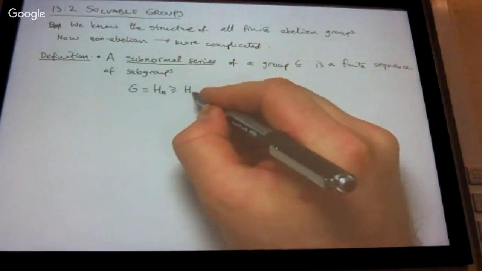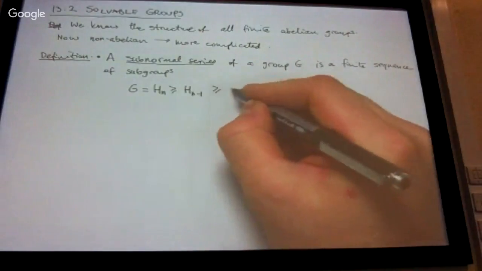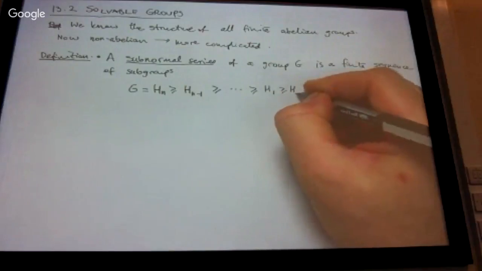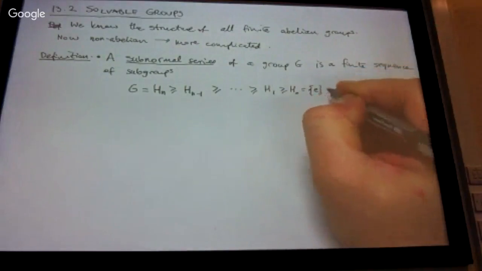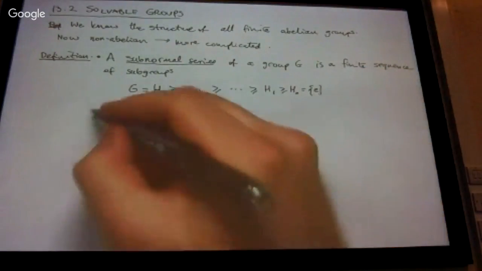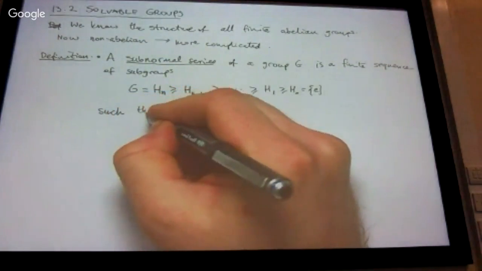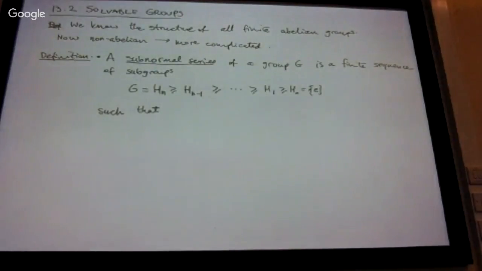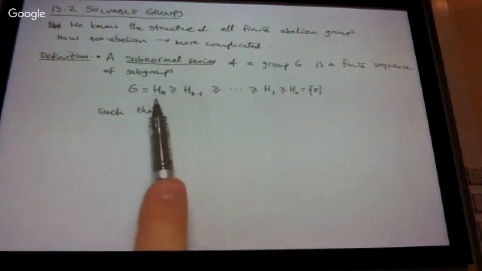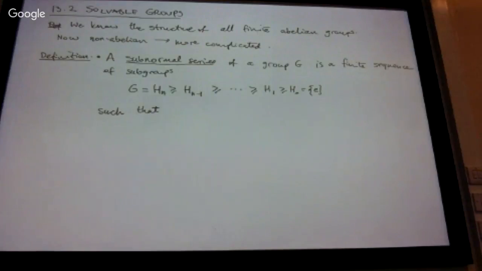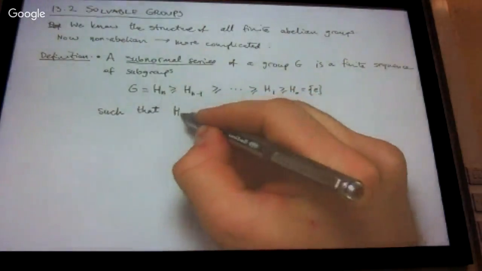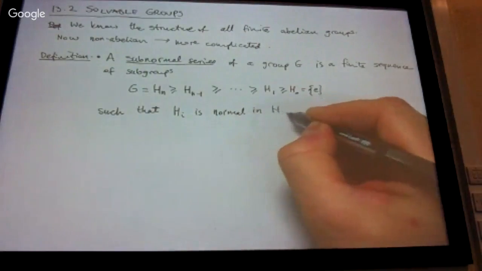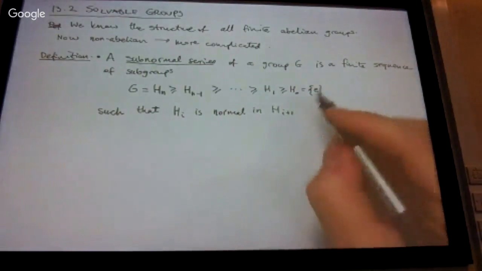It has some subgroup, and that has some subgroup, and so on, and then you end up with the trivial subgroup. The normal comes from the fact that every next one is a normal subgroup of the previous one. So H_i is normal in the bigger one for each i.